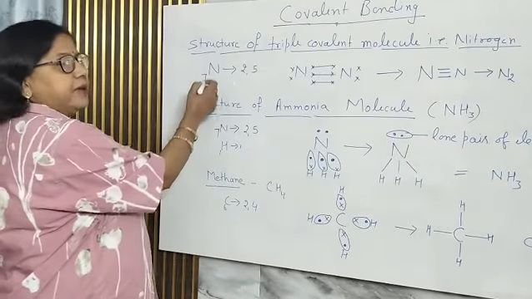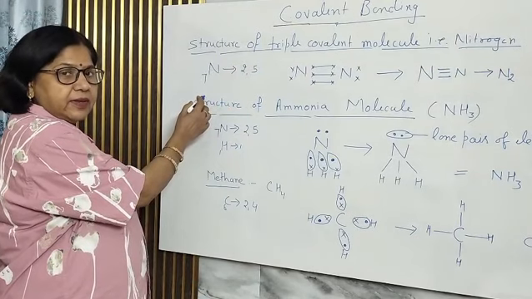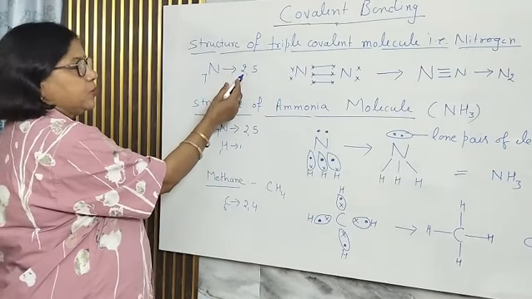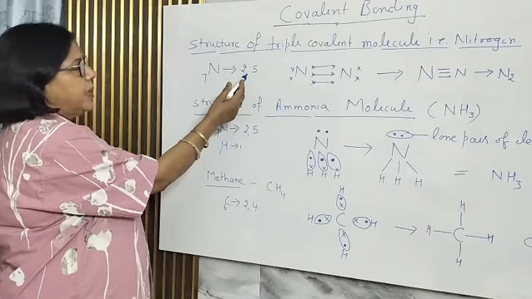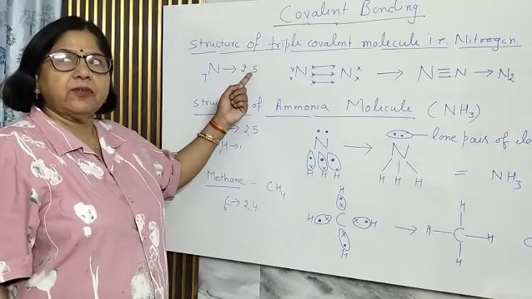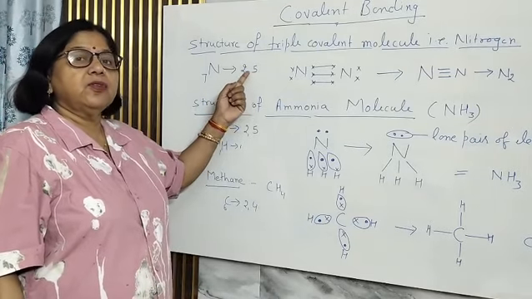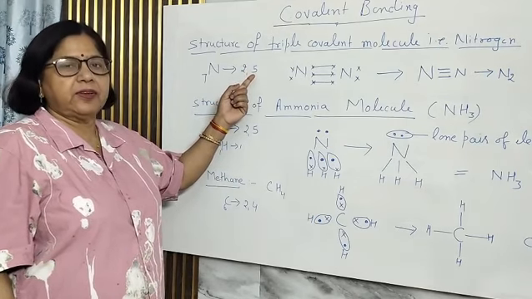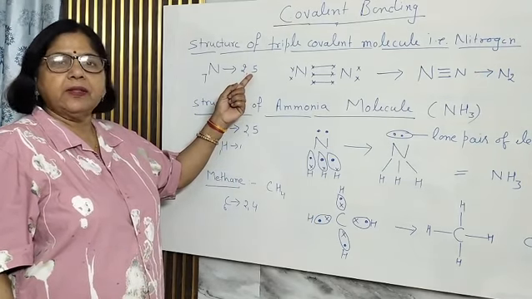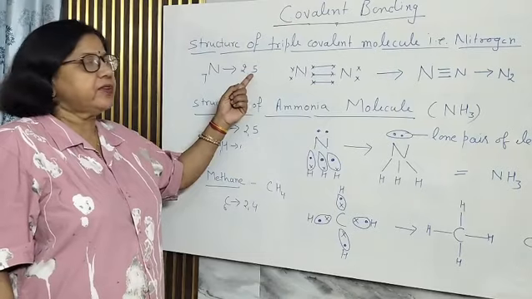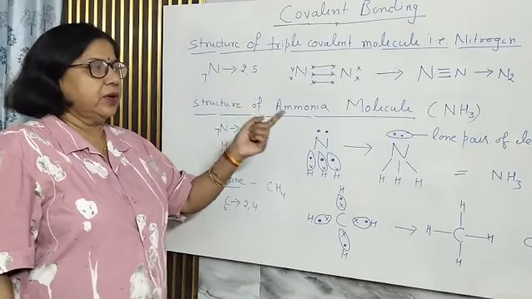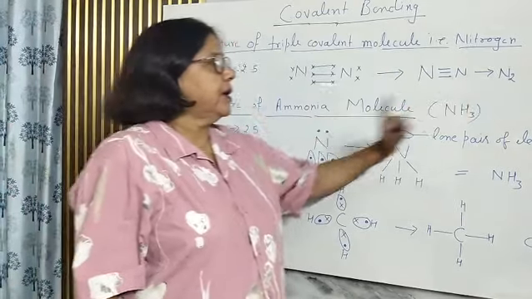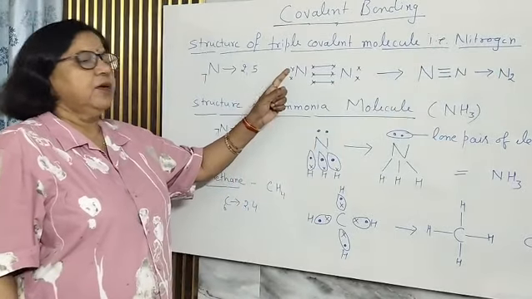So see here, nitrogen has the atomic number 7. So the configuration will be 2 and 5. Now since nitrogen has 5 electrons in the outermost shell, it will prefer to have 3 more electrons to complete the octet. When the question is the formation of a nitrogen molecule, N2, what happens?